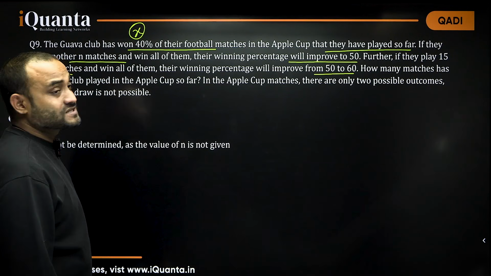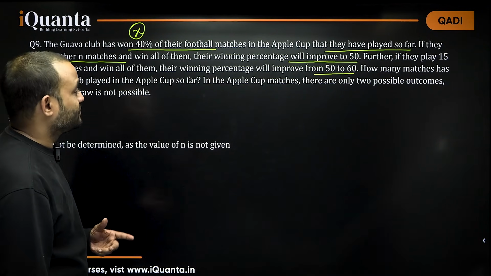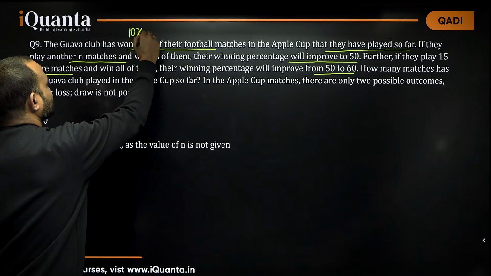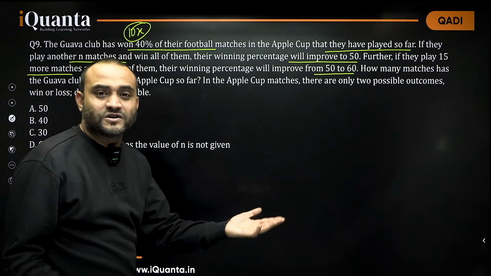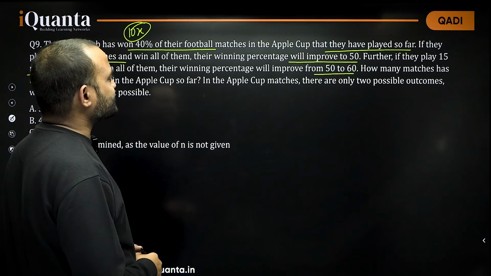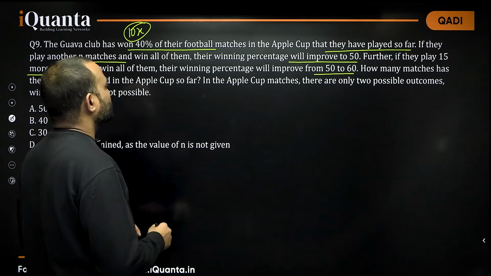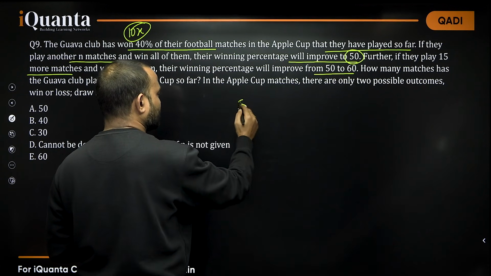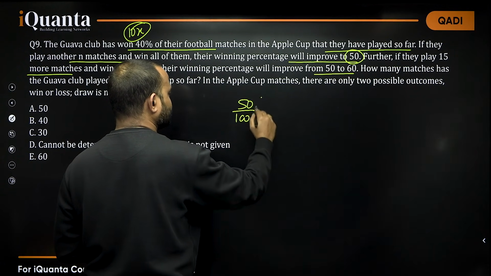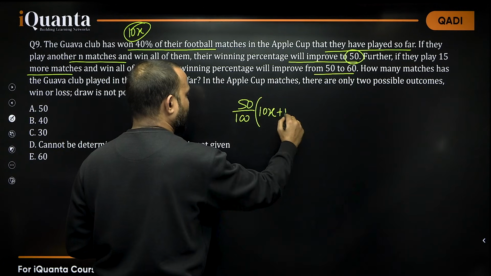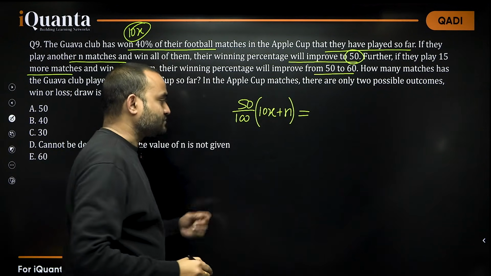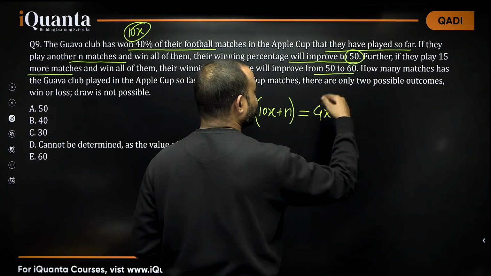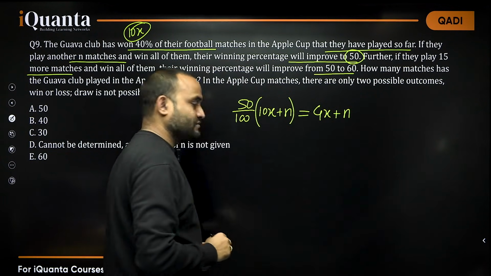And out of these X matches, they won 40% of them. So here, I would like to take this X as 10X. Why? Because 40% will be 4X, straightforward. So what we can say is that the total winning percentage later is 50, correct? So can I say that 50% of 10X plus N, this is the total number of matches played, will be equal to 40% first and 100% later, that is N, correct?